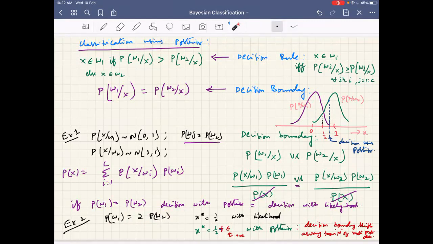Somebody may say that by looking at one image or a few images, a 3x3 filter is sufficient. But this prior information may tell that you should use at least 7x7. Then I will make a compromise in the posterior. That is a specific example, but that is what is taken care of in the posterior based decision.